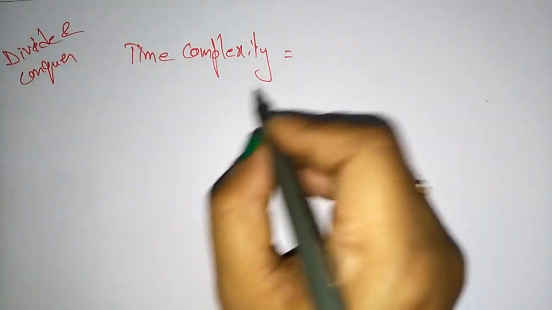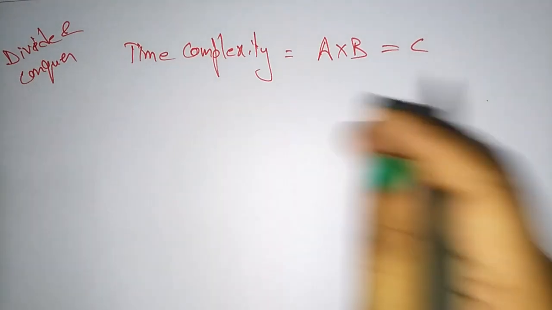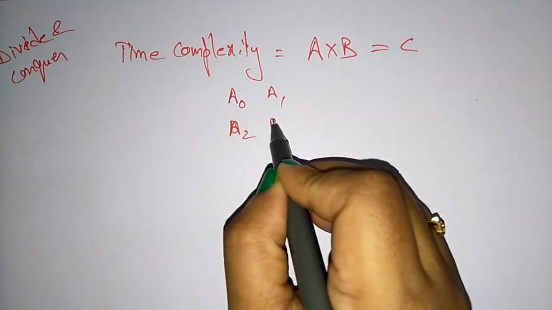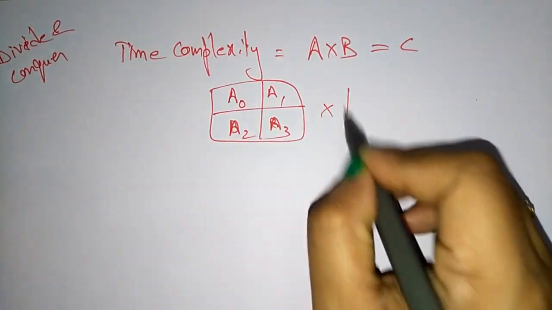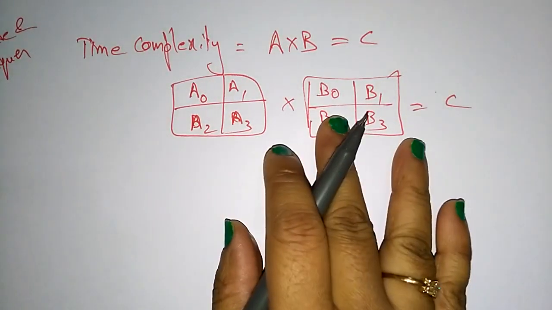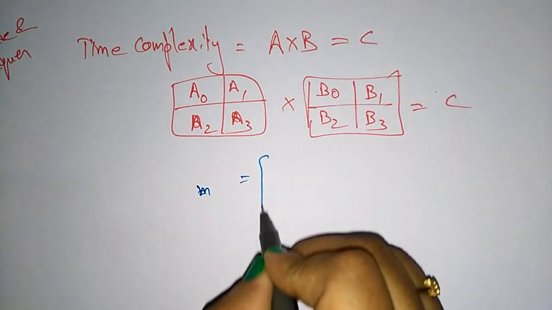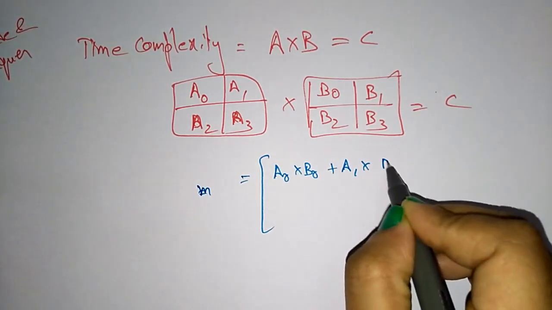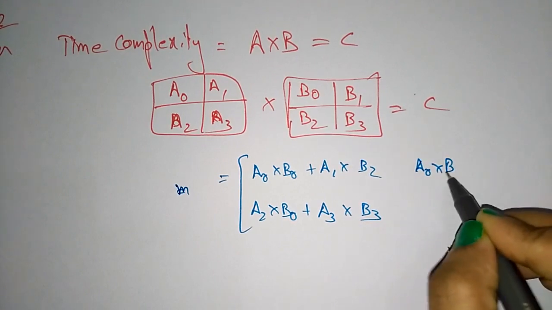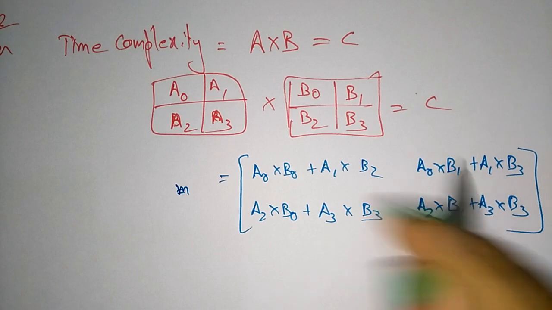If you take the matrix A cross B equal to C, in the previous example, A0, A1, A2, A3 is one matrix cross B0, B1, B2, B3 is equal to C. This is the multiplication: A0 cross B0 plus A1 cross B2, A2 cross B0 plus A3 cross B2, A0 cross B1 plus A1 cross B3, A2 cross B1 plus A3 cross B3. So this is nothing but the C value.